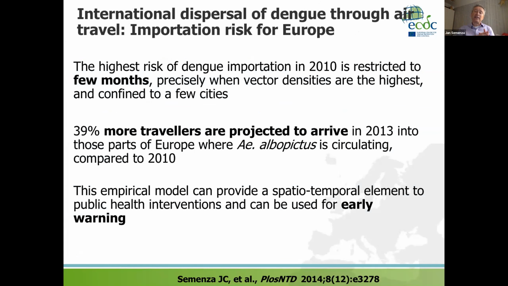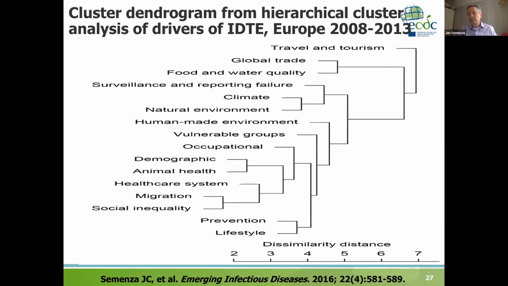And when we looked at the expansion of Aedes albopictus after 2010, just a few years in 2013, we saw that 39% more travelers are projected to arrive in those areas, in part because more people arrive from dengue areas, because dengue is expanding worldwide, as you know, but also because the risk in Europe has expanded because Aedes albopictus is now present in more areas in Europe than before. And this kind of empirical model allows us to develop a spatiotemporal element to early warning systems by telling public health practitioners when and where to look out for these types of outbreaks.